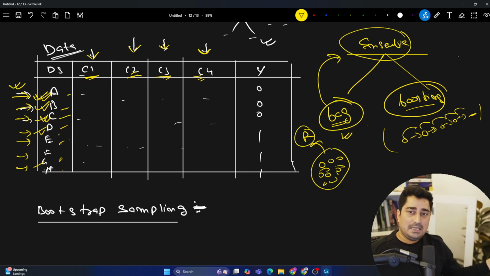Bootstrapping is basically a concept to split the data, to provide data to all of these decision makers available inside a bag. Is it making sense? So you should not compare bagging and bootstrapping. You can compare bagging and boosting. There is a legit comparison between bagging and boosting, you will be able to find it. But bootstrapping is a technique of splitting data. I hope I'm making sense to all of you.